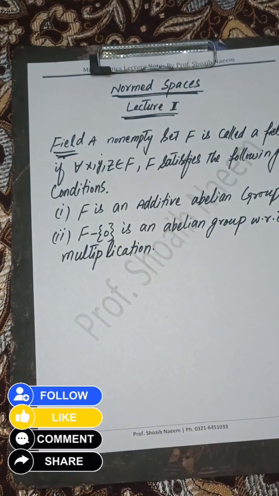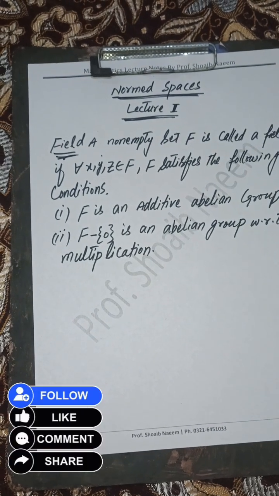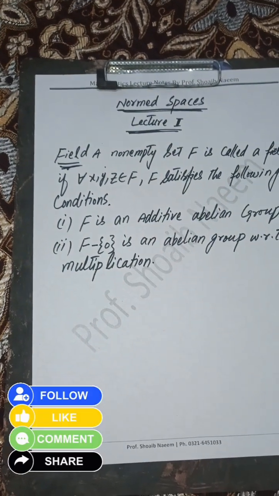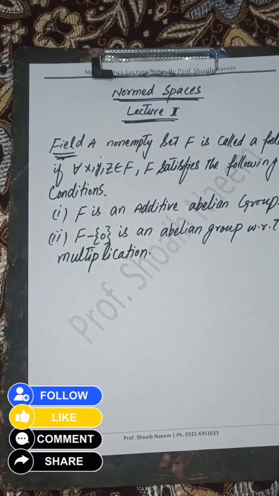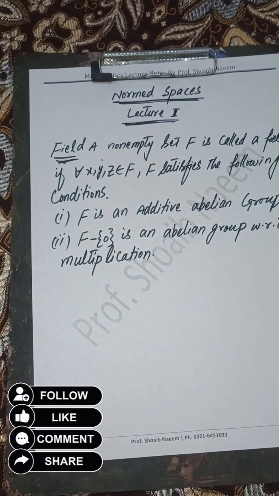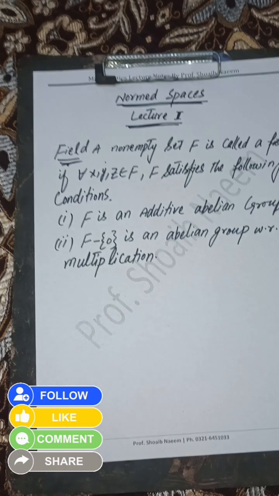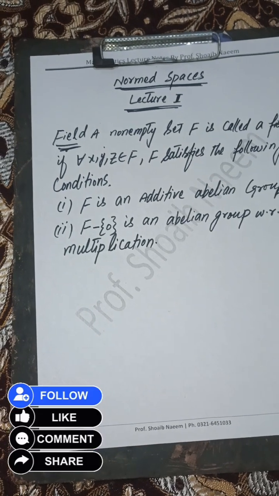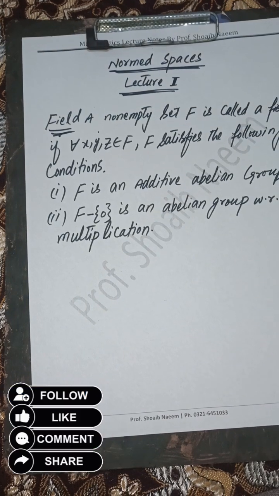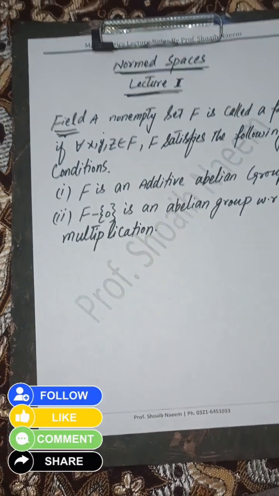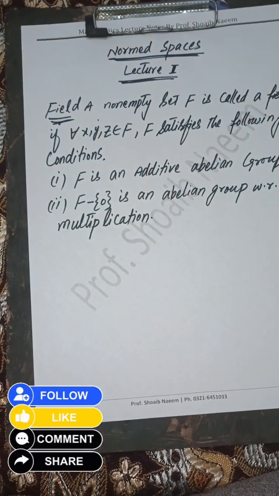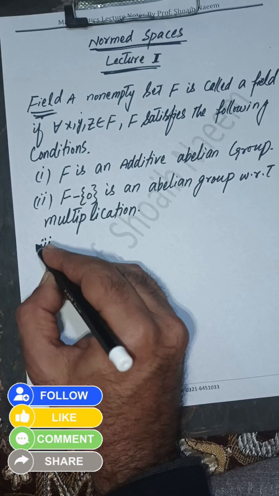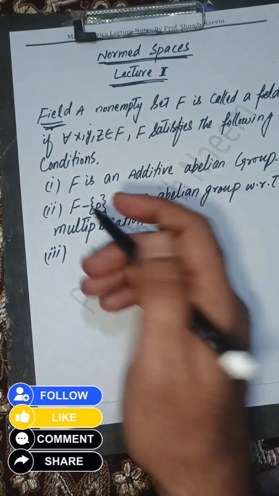Multiplicative identity, I mean 1, belongs to F. The non-zero elements of F have multiplicative inverse in F, and commutative property with respect to multiplication holds in F. If all these 5 conditions are satisfied by the non-zero elements of F, then the set of non-zero elements of F is called an abelian group with respect to multiplication. And the second condition to be a field is that F minus 0 is an abelian group with respect to multiplication. And the third one is left and right distributive laws hold in F.